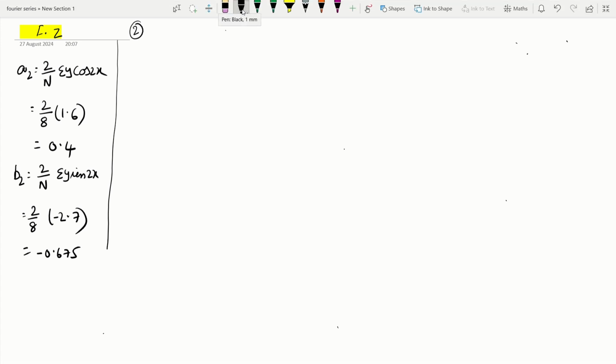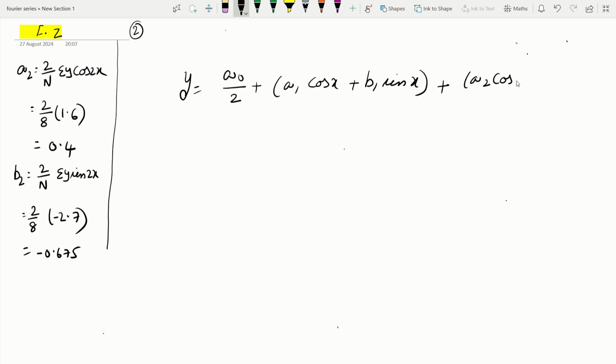Okay. So I am writing the second harmonic. They asked: y is equal to a naught by 2 plus a1 cos x plus b1 sin x plus a2 cos 2x plus b2 sin 2x. We got those values already.